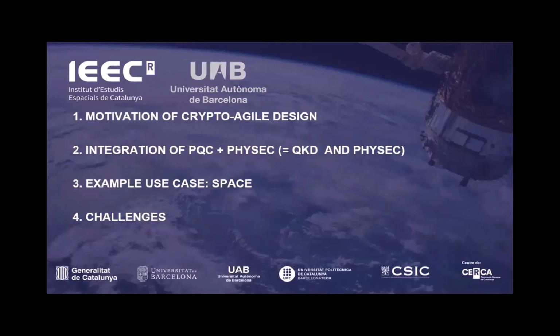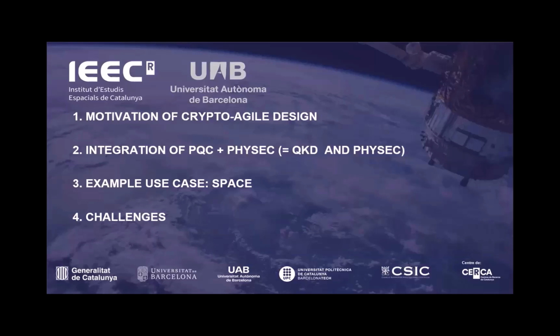First of all, I want to give the motivation of why crypto agile design, where it comes from, and what we propose. Then the idea I put on the table is to integrate post-quantum cryptography and physical layer security.